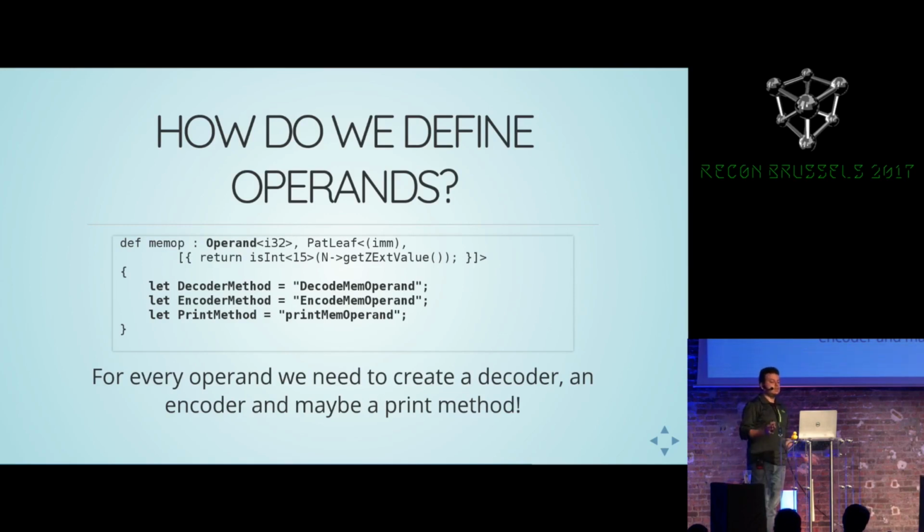The decoder takes the hardware encoded bits and converts them to an internal LLVM representation. The print method takes this internal LLVM representation and converts it to a string. The encoder is the inverse of the decoder.